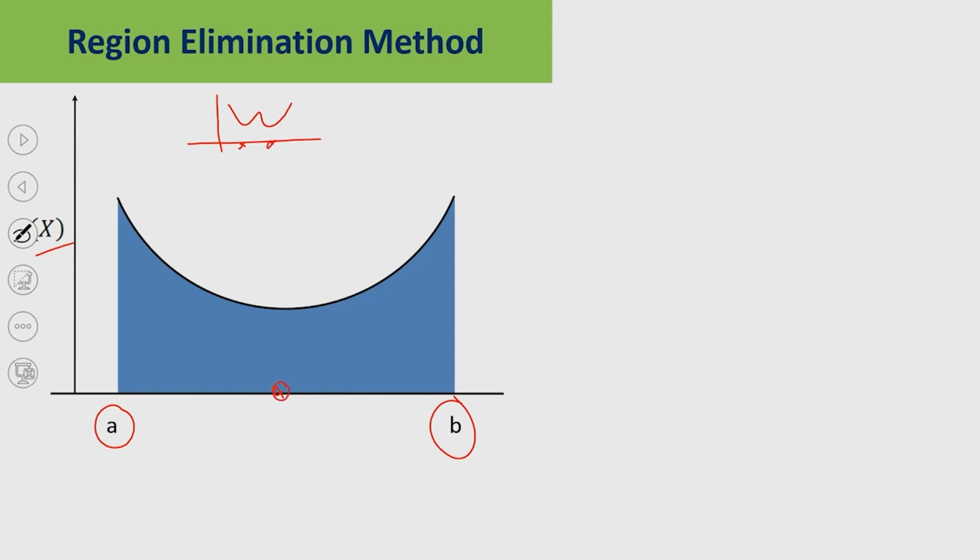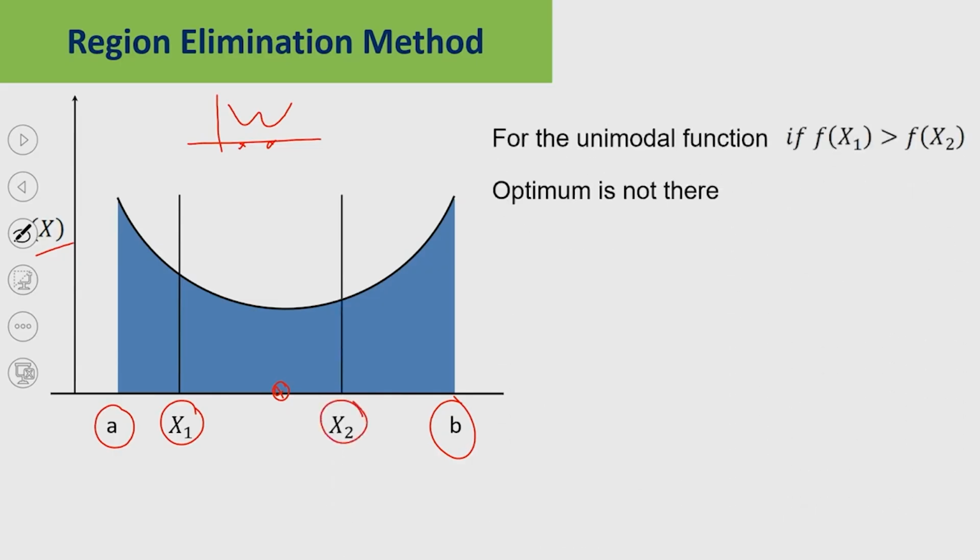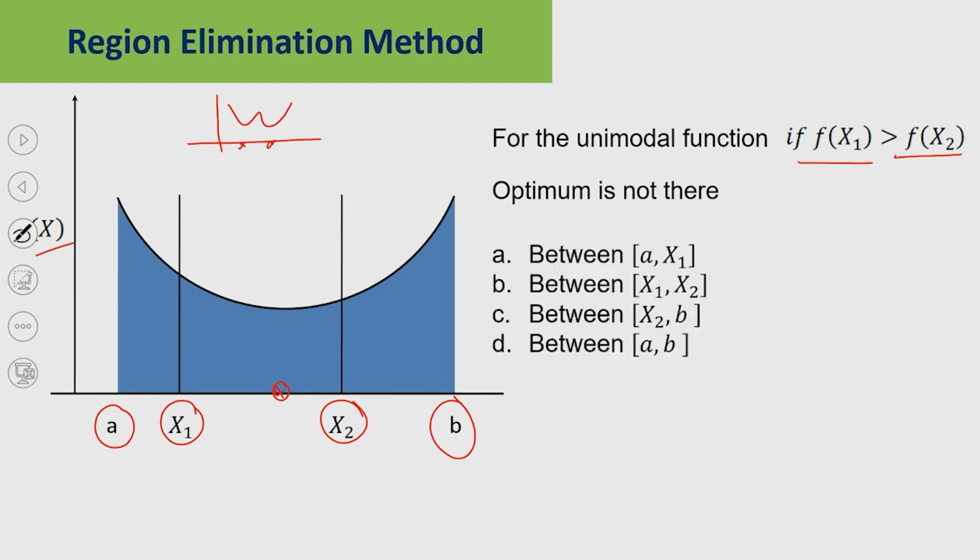So, this is a unimodal function, and now for this particular function f(x), if I take 2 points x1 and x2, and f(x1) is greater than f(x2), where is the optima not present? These are the options.